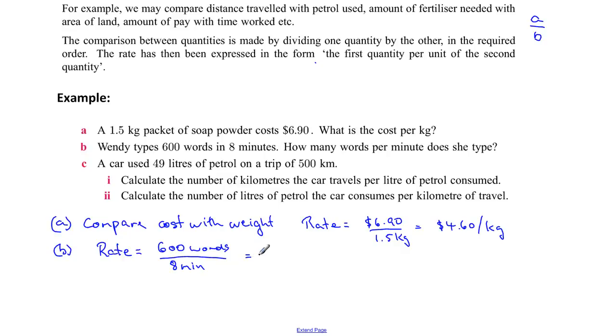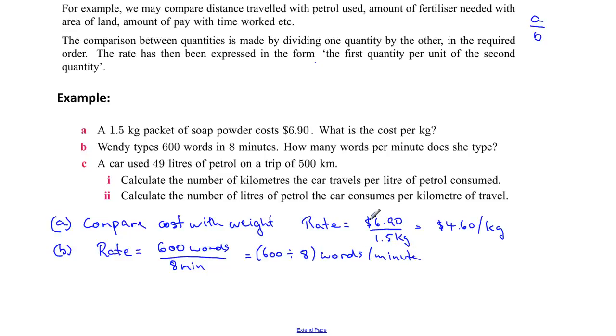So we get our calculators out and we go 600 divided by 8, and that will give us words per minute.